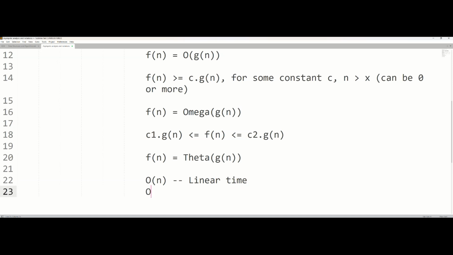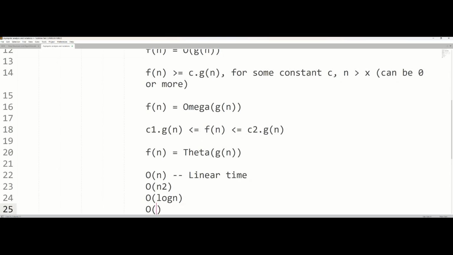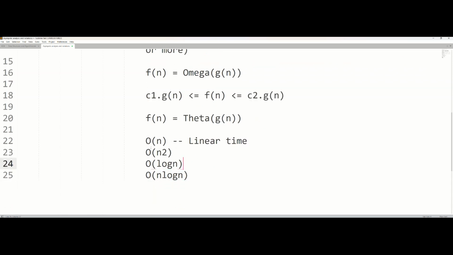There is O of n square. There is O of log n, which is logarithmic time. Then there is big O of n log n. Certain algorithms take this much amount of time, and n square is going to be quadratic.